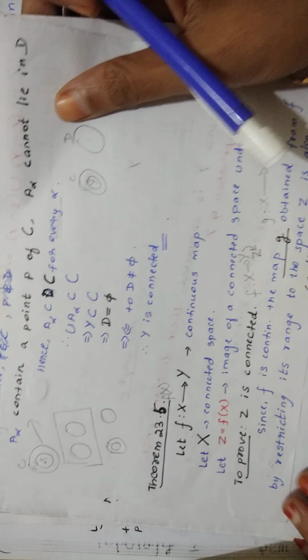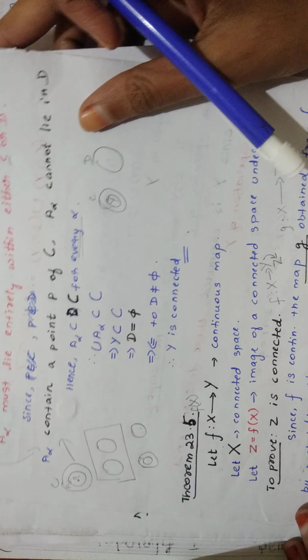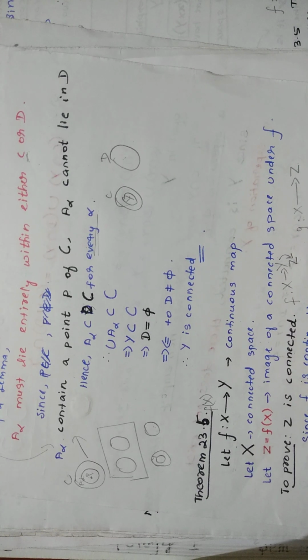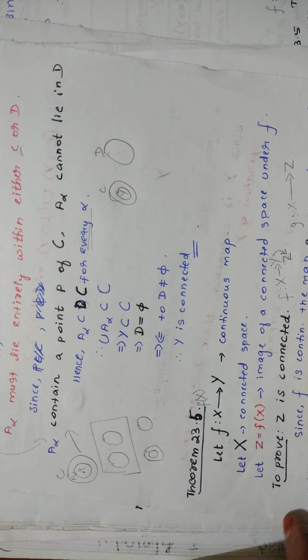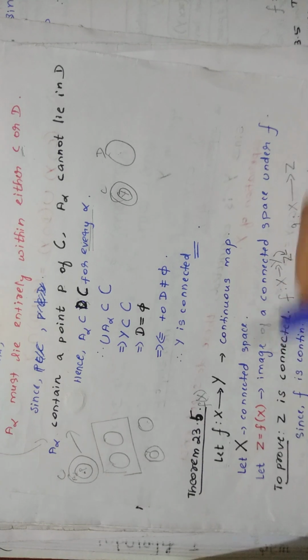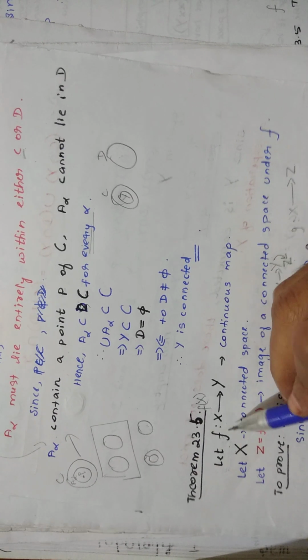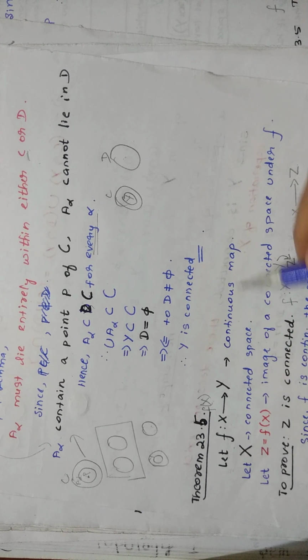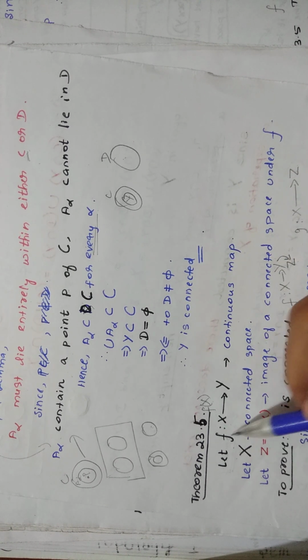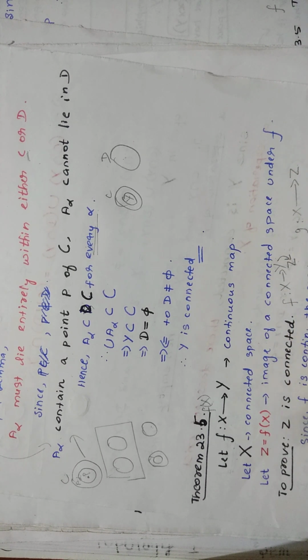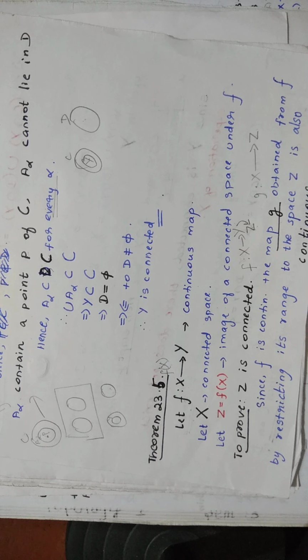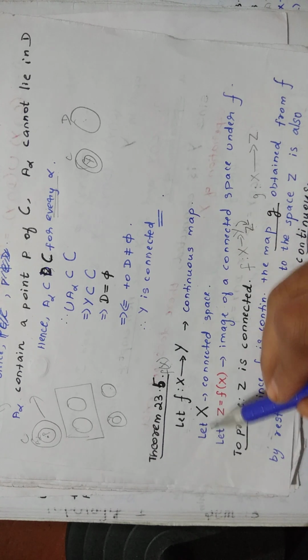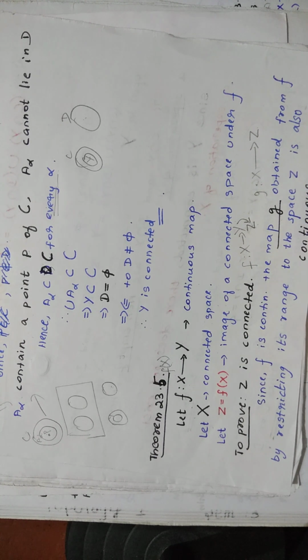Here you can see, let us follow my notes so that we can feel easy. Okay. So you are considering a mapping, that is f from x to y, and this mapping is a continuous mapping. That is what the first sentence you are writing. Let f from x to y be a continuous map. Then in the second line, what you are writing is, let x be a connected space.